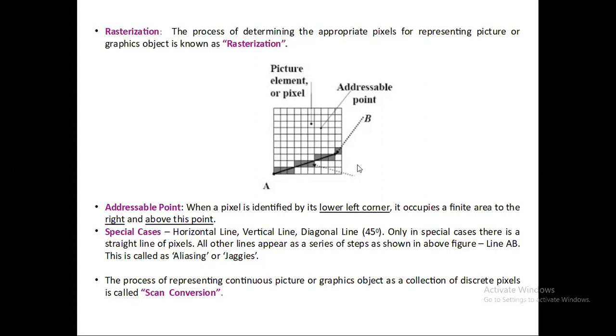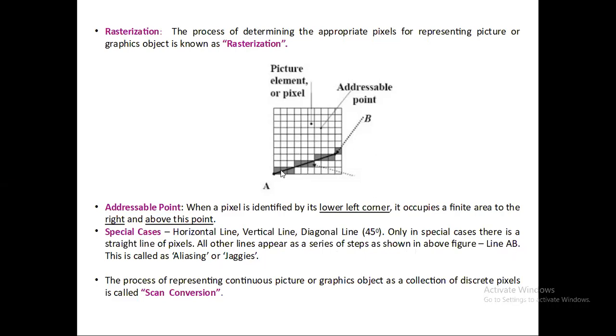In which case will you get a straight line? If I plot a diagonal line here, a 45-degree line, each pixel along the diagonal will be plotted. So only in special cases do we get a straight line of pixels, and all other lines appear as a series of steps as shown in this figure, that is line AB.